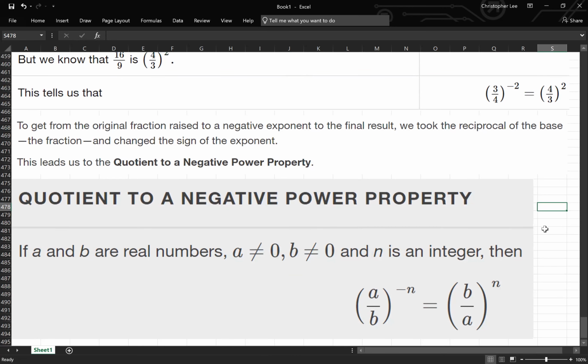If a and b are real numbers where a cannot equal 0, b cannot equal 0, and n is an integer, then a over b to the negative n power is the same as b over a raised to the n power, right? Flip the inside, change the power positive. That's it.